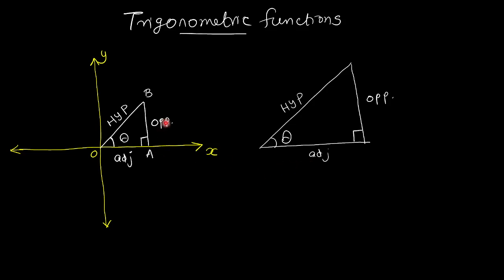I mean opposite by adjacent here, and opposite by adjacent here, you will get the same value. This ratio will be the same as this ratio. So my conclusion is this: the ratio of any two sides will be fixed for a given angle.